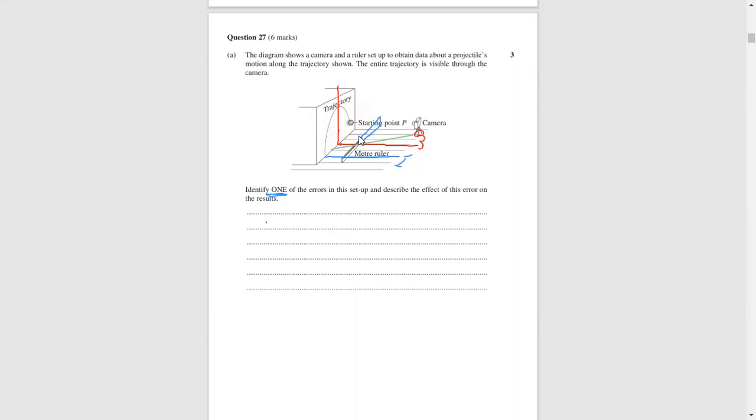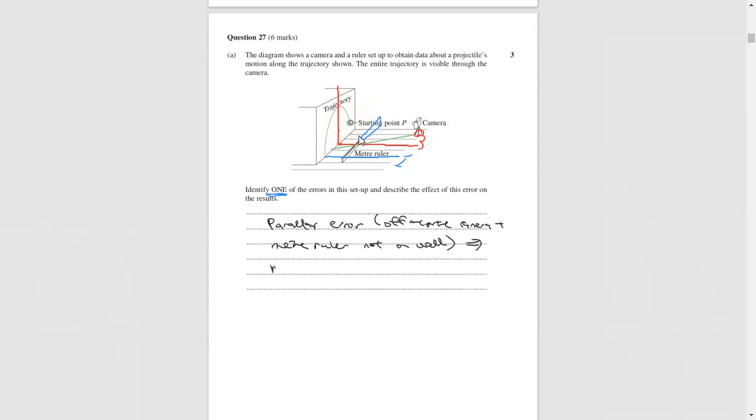So basically, keeping this in mind, there's a few errors we could talk about here, but you can say that one of the errors is parallax error, which is a result of the off-center camera plus the meter ruler not on the wall. And that, in this case, with this setup, will result in a range reading.